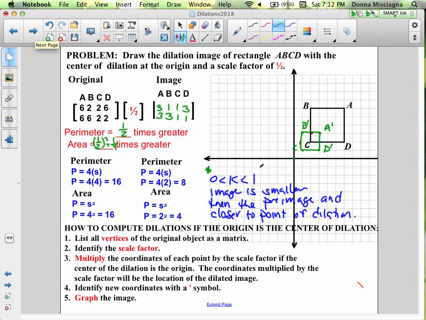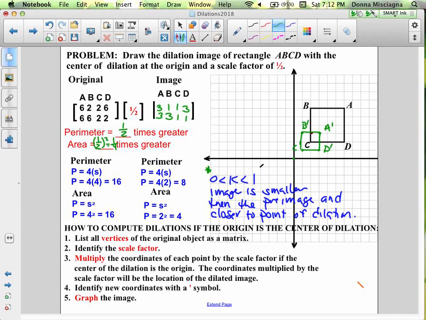All right, so our perimeter, same figure except it was moved, and it was moved so you had nice even numbers there. Each of the sides in the original was 4, and it was a square. So 4 times 4 is 16. The perimeter of the image, each of our sides now is 2. There's 4 sides of 2, and so the perimeter is 8.